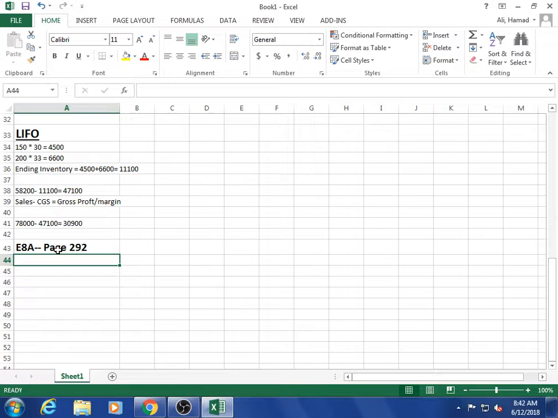Then we deduct our sales at retail, and we're left with ending inventory at retail, times that ratio, and that gives us the estimated cost of inventory.